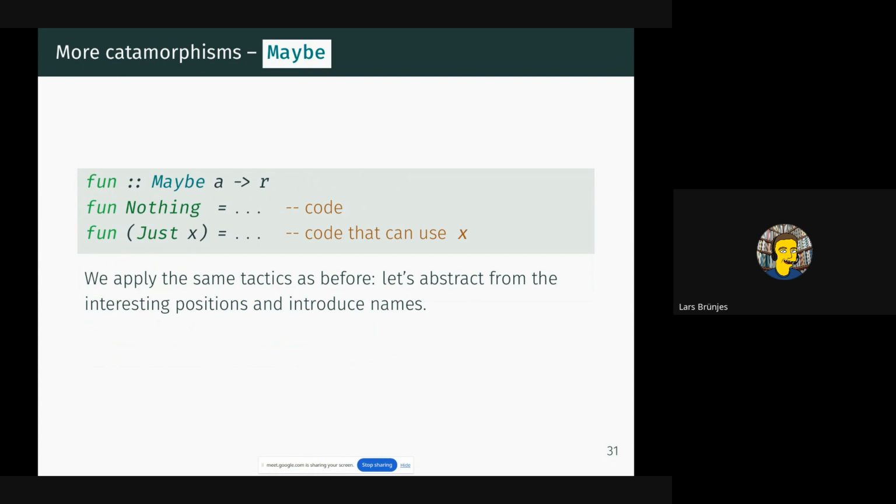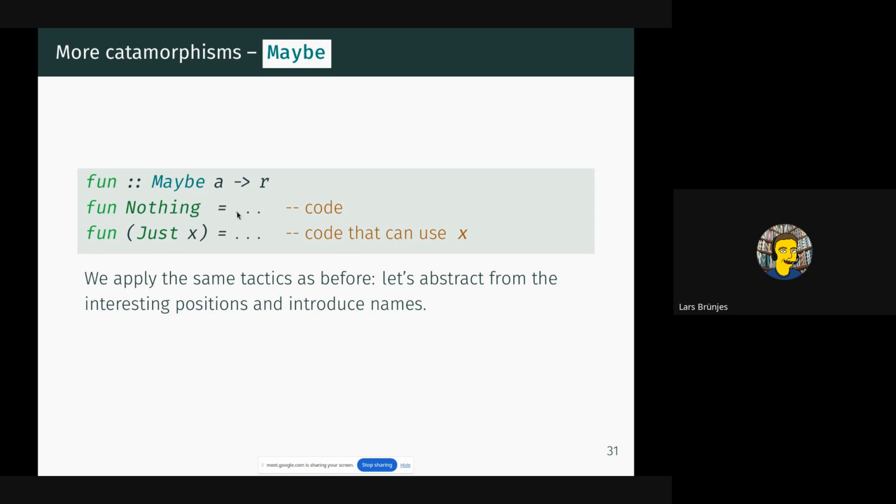Let's look at the second one, maybe, and do the exact same thing. We start with an arbitrary function fun defined on Maybe A, and we want a result type R. By the standard design pattern for functions, Maybe has two constructors, Nothing and Just, so we normally use two equations.